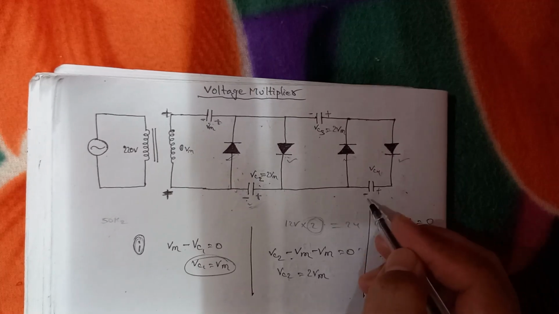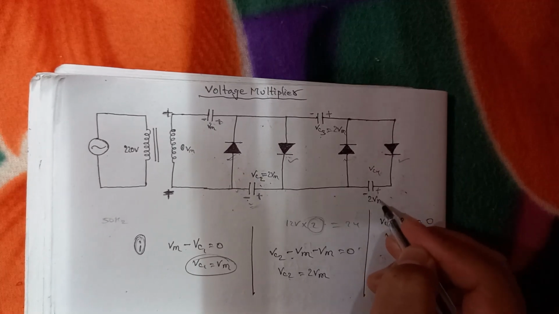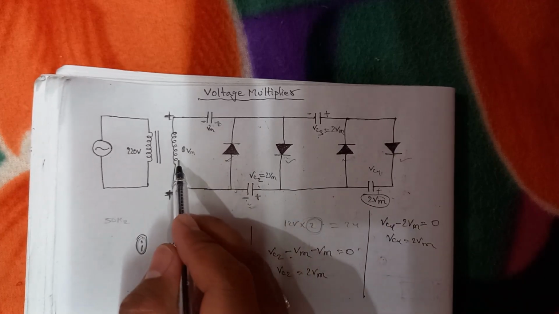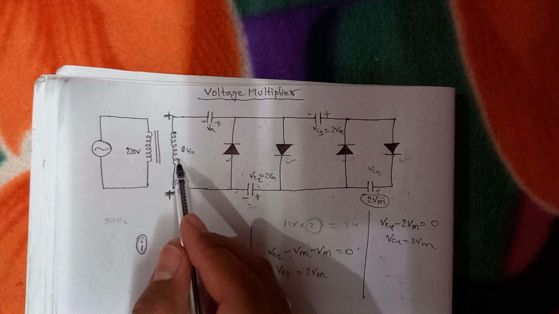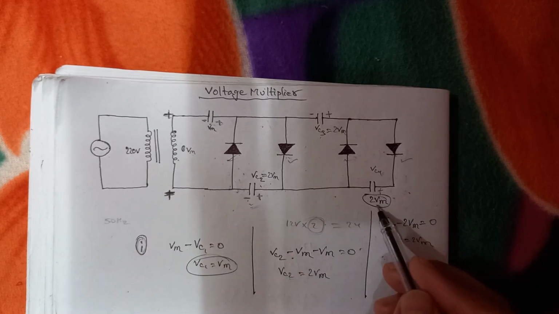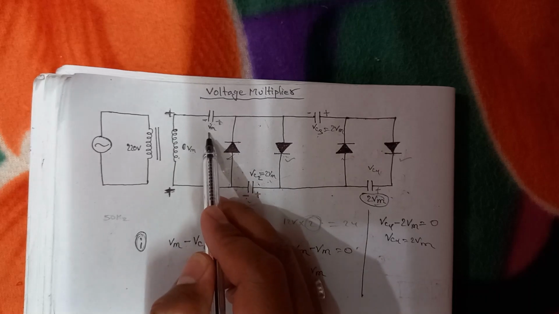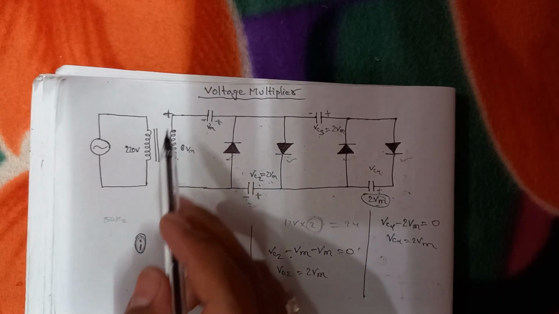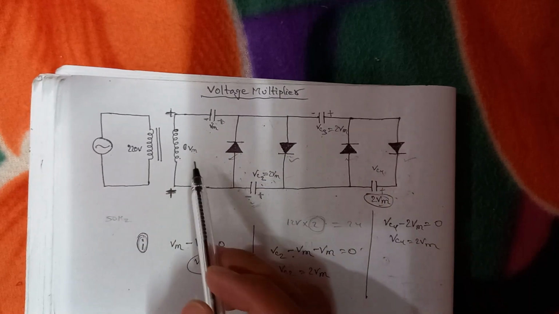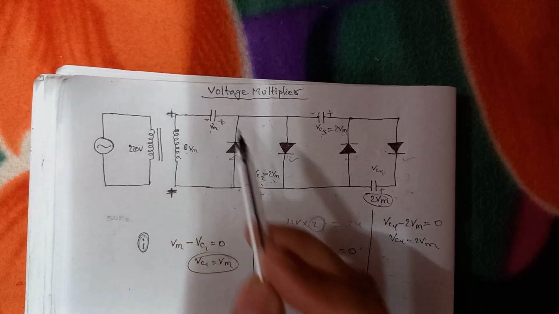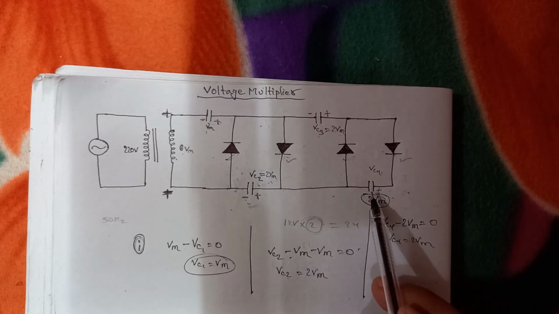So we know that here is a 2Vm voltage, that means twice of the given voltage. Whether we are supplying 6 volt or 12 volt, it is upon our choice. Here is 2Vm, 2Vm, 2Vm, and here is Vm. So we can see that in the same compartment this Vm voltage is dropped, and 2 times of its voltage is dropped on the 3 different capacitors.